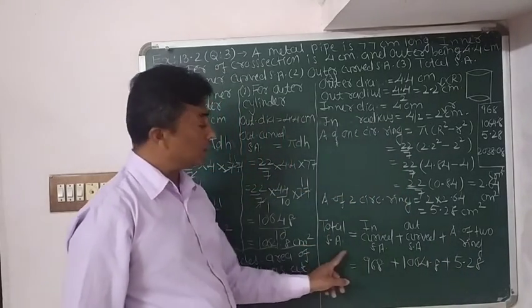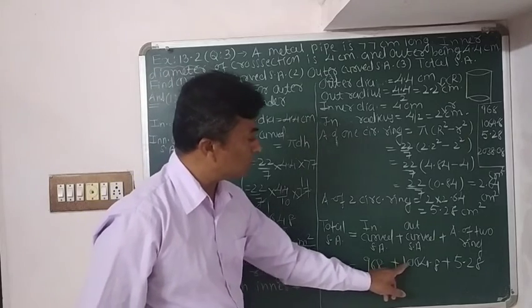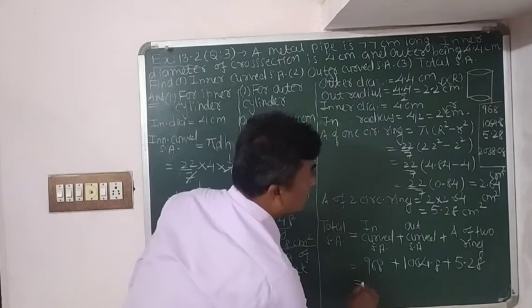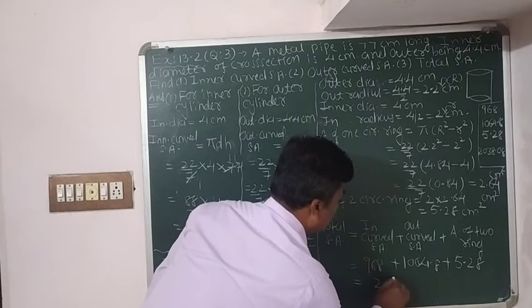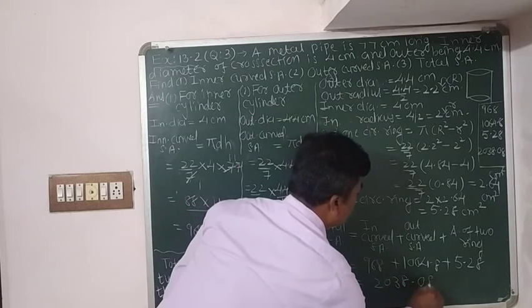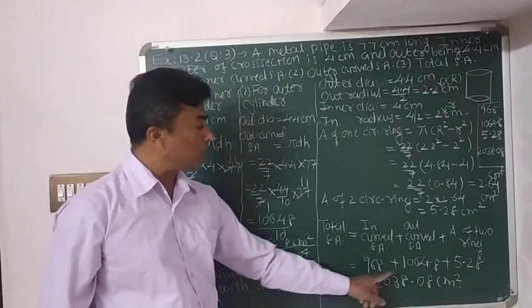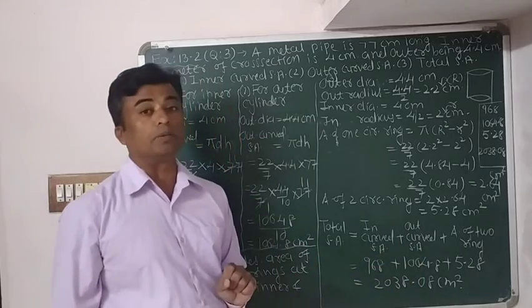Now total surface area is equal to 968 plus 1064.8 plus 5.28. Its answer is 2038.08 centimeter square. So total surface area is 2038.08 centimeter square.